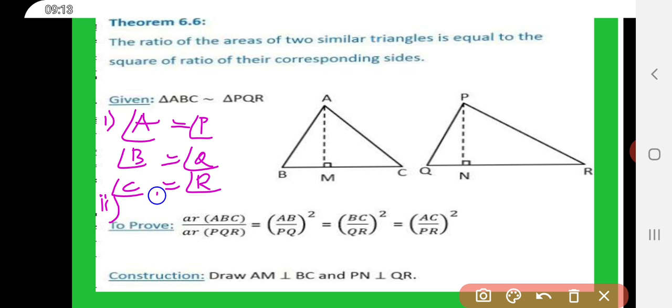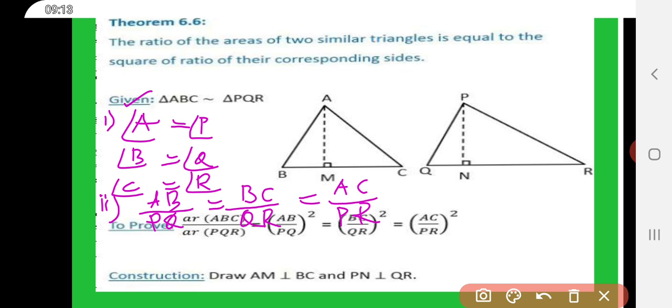So you can write AB by PQ is equal to BC by QR is equal to AC by PR. So triangle ABC is similar to triangle PQR, meaning the corresponding angles are equal and the corresponding sides are in proportion.